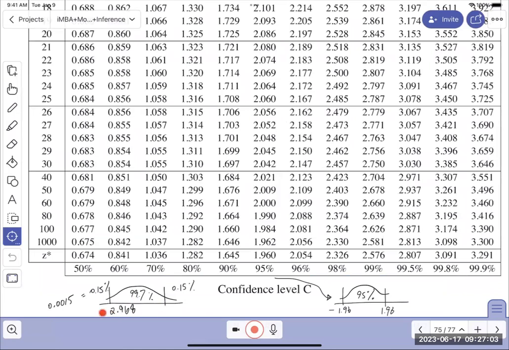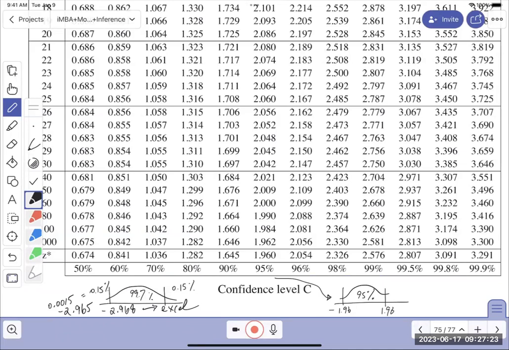So whether you want to use negative 2.968 from Excel, that would be the more precise, but using the tables, because all of my notes were done using the tables, I probably have in the notes negative 2.965, the Z table result.